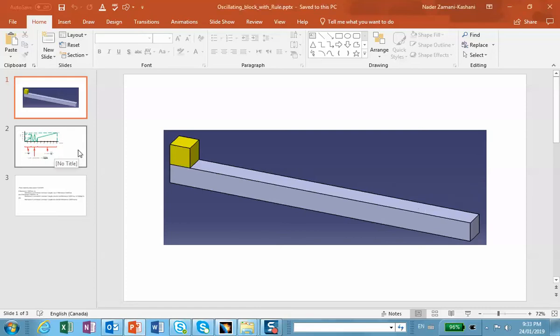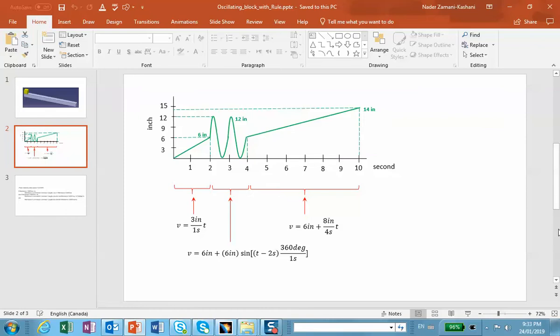The position of the block as a function of time is given by first a uniform velocity, so it goes for 2 seconds at 3 inches per second, and then it stops at that location and then follows a sine curve.